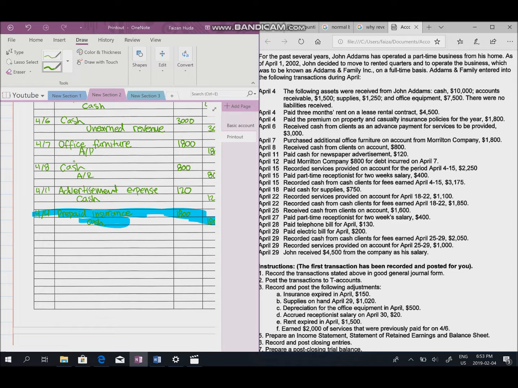Debt, think about it as you have to pay for it. So automatically when you have to pay for something, that means it's a liability account. To increase a liability, you credit. Decreasing, you debit.